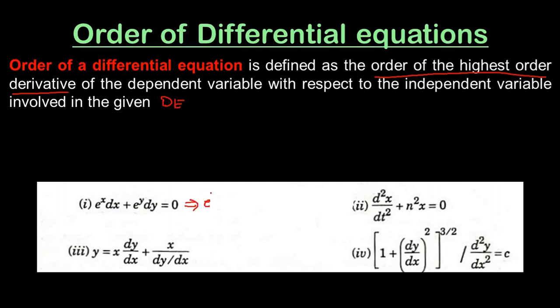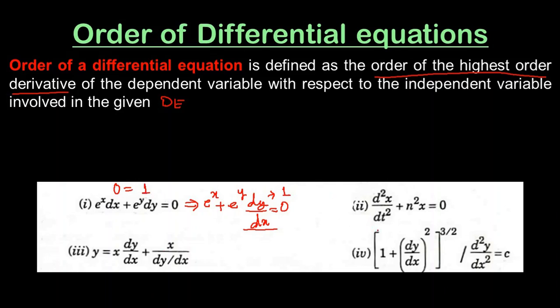So here you get e raised to x plus e raised to y dy by dx equal to 0. Now here you have got only one term of derivative and the order of this derivative is 1. And therefore the order of this differential equation will also be 1.